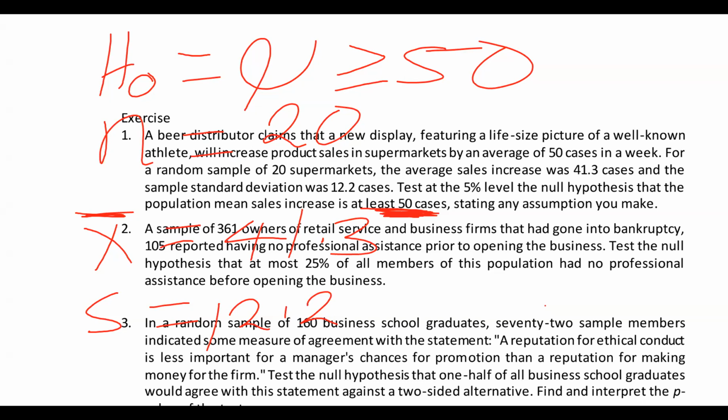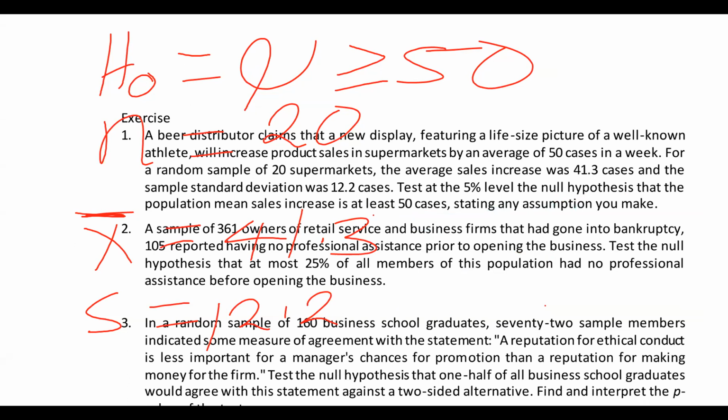The average is 50, but it is at least 50. So you are testing that the null hypothesis is greater than or equal to the mean. These words, you need to understand what they mean, just as I just guided.